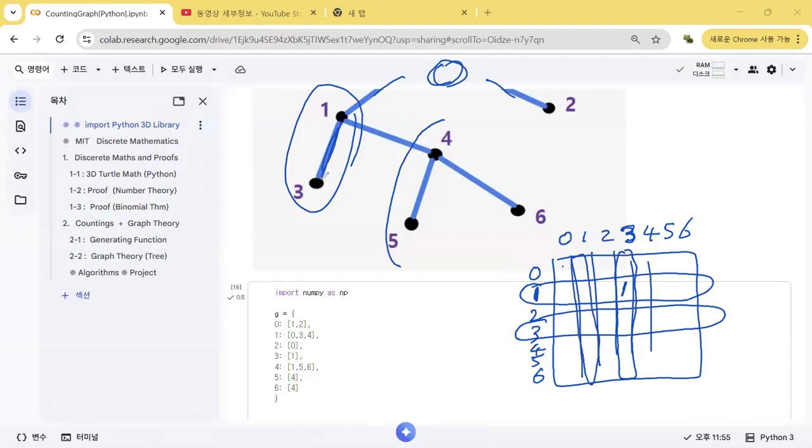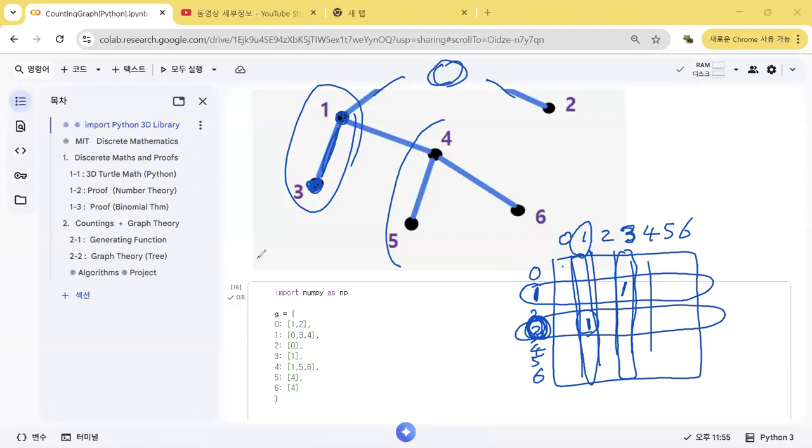From this point of view, vertex 3 is connected to vertex 1. So from vertex 3, this value is 1. This value means from vertex 3 to vertex 1, there is a connection like this. So in this way, you can get this kind of matrix.